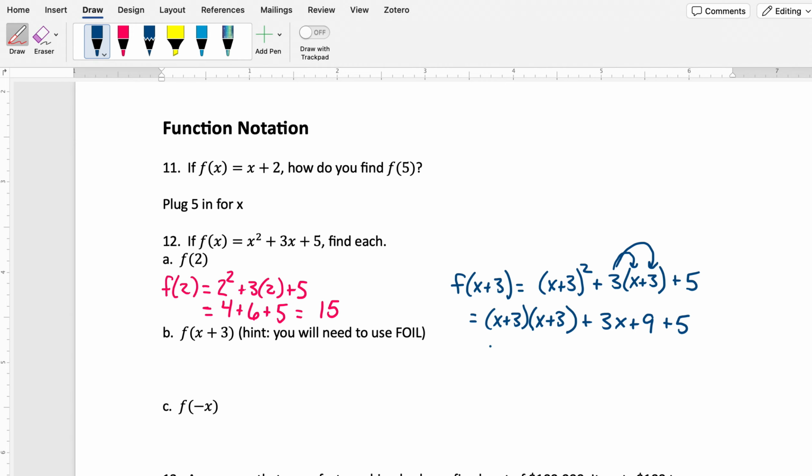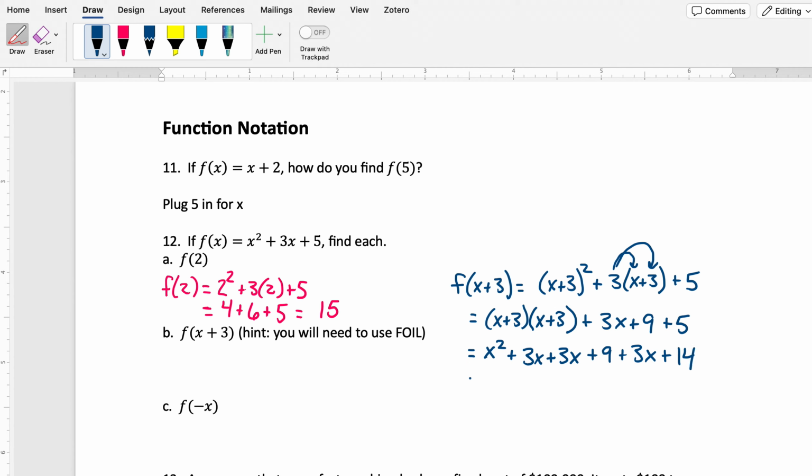Now this is what I'm going to use FOIL on. That's going to give me x squared, x times x. Outside is 3x. Inside is also 3x. And last is 3 times 3, which is 9. Then I have plus 3x. I'm going to combine this 9 and 5 to get plus 14.